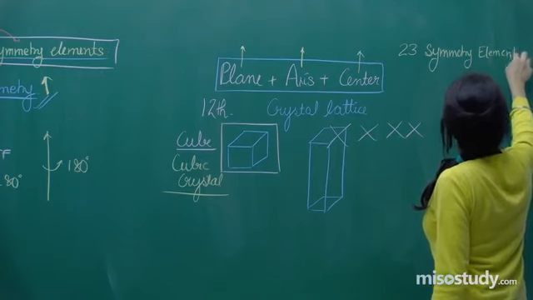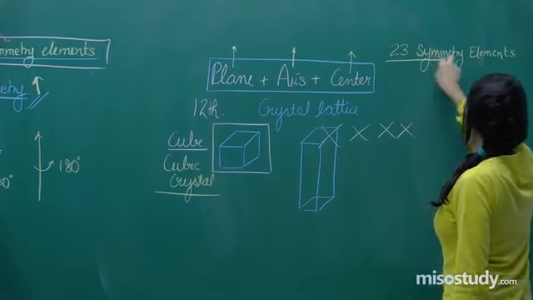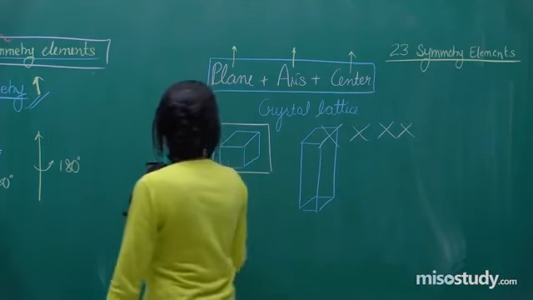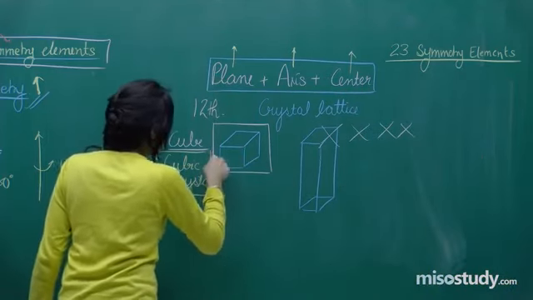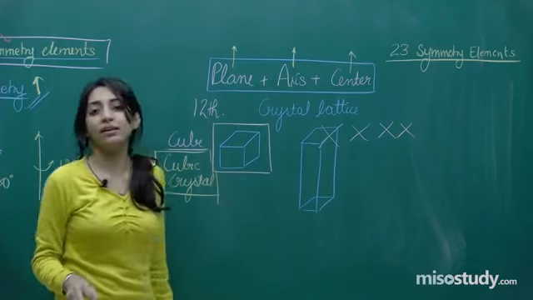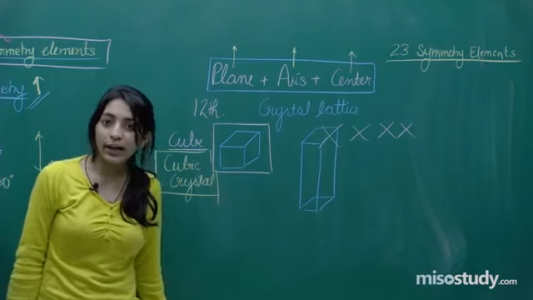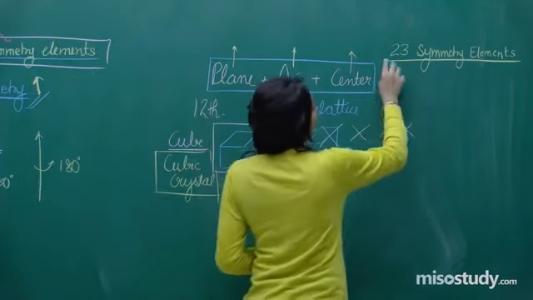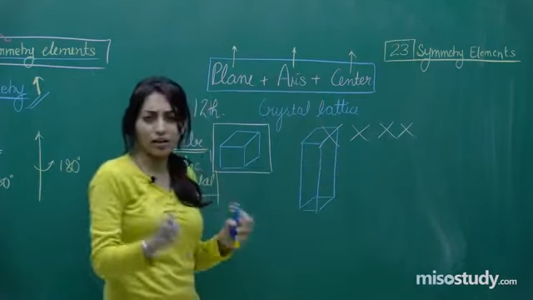So overall you can say there will be 23 symmetry elements in all, which will be found in a cubic crystal system.